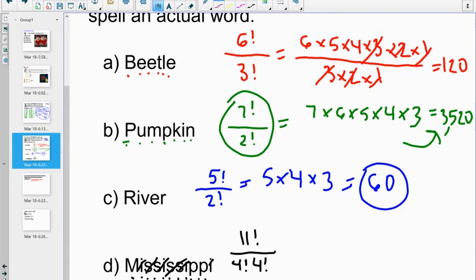I'm just crossing them off so I know I already used them. And it looks like there's only one other letter that's repeating, the P's. There's 2 P's, so that's 2 factorial. For the sake of time, I'm just going to leave it as this. But I want you guys to go through and finish solving it with a calculator.